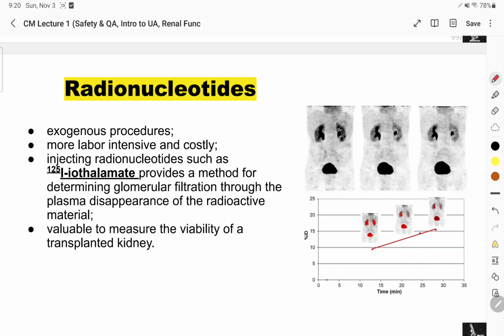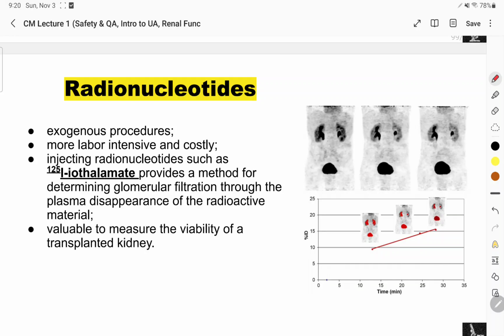So, this is a picture that you can see. Okay? There is a graph here. So, you can see if the transplanted kidney is viable. Did it perform its function? Okay? Because what this radionuclide measures is the disappearance of the radioactive material.